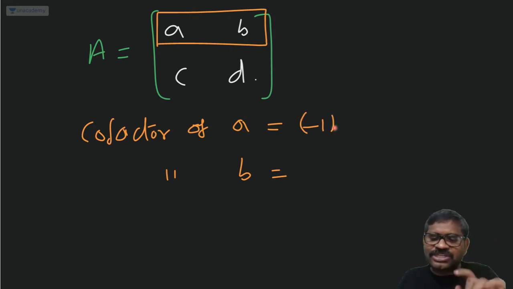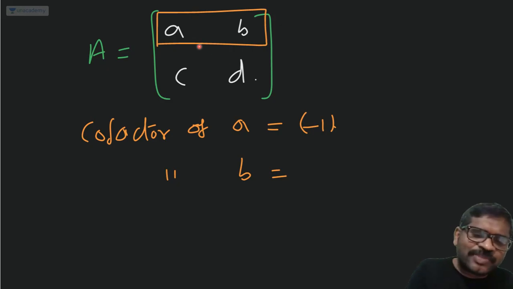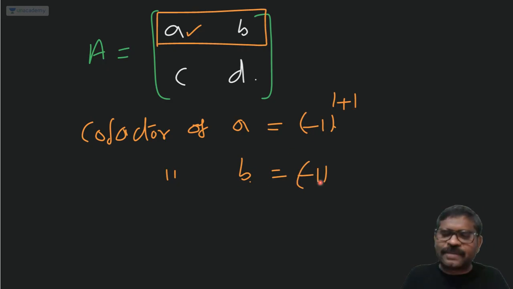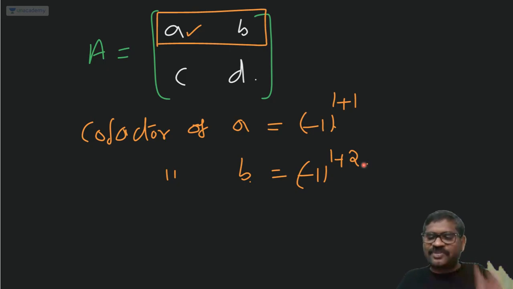A is in which place? First row, first column, so 1 plus 1. B is in first row, second column, so 1 plus 2.